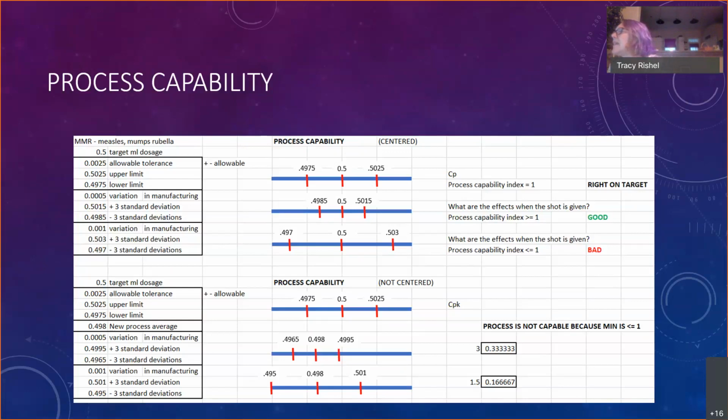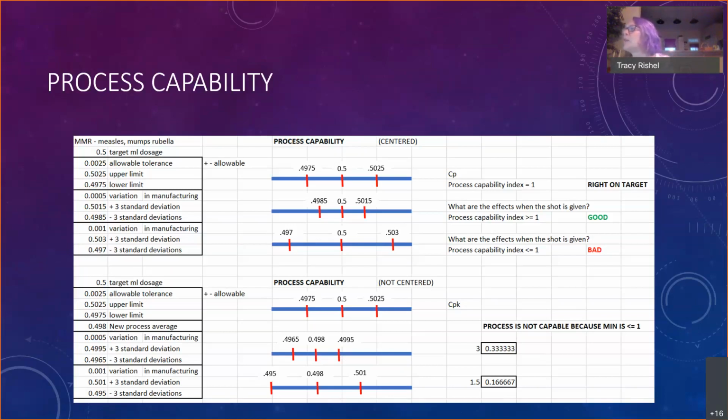That says that our vaccine could be incapable of protecting our patients because we may have some that are below 0.4975 milliliters or some that are above 0.503 milliliters, and the ones below would be incapable of protecting. The ones above could overdose our patients. Our process capability index would be less than 1. This is a bad thing.